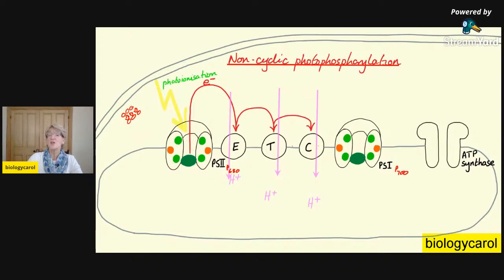So the energy that is released as the electrons go down the electron transport chain pumps hydrogen ions across the membrane into the thylakoid space. This means that we are getting a buildup of hydrogen ions in this thylakoid space, because they can only go back down into the stroma via ATP synthase.